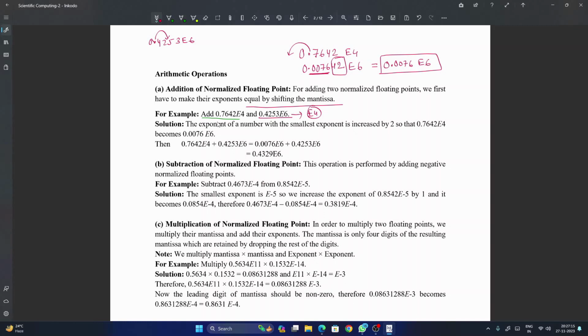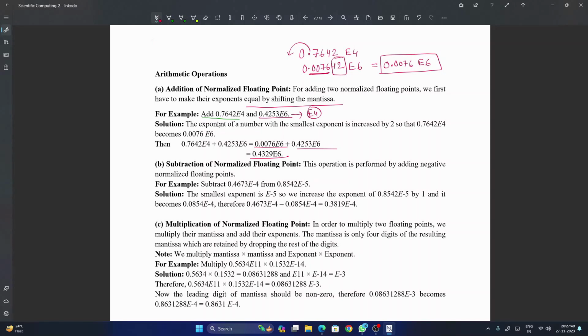But if you make it 0.0076 E6, in that case you may use it for the summation, not normalized, but you can make it for the summation, and after making that you have 0.4329 into E6. That is the process.